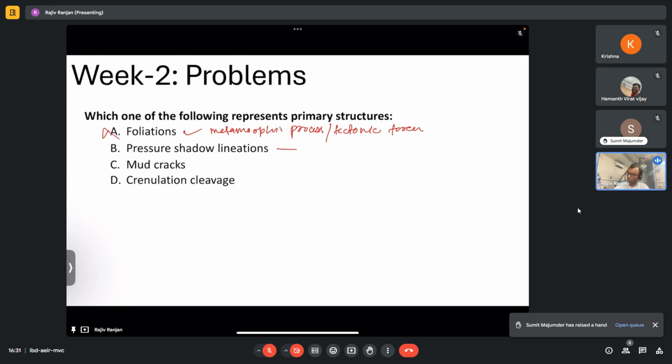Pressure shadow also forms during deformation. Mud cracks, what do you think? Granulation cleavage? No. So what do you think? Which is primary in nature?